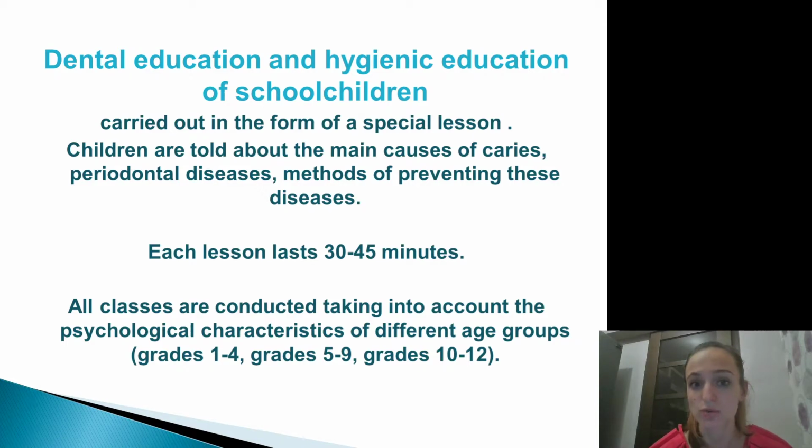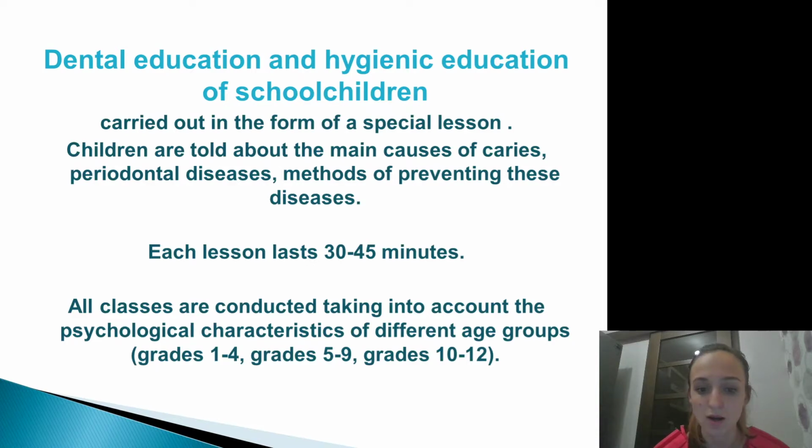Hygienic education of school children is carried out in the form of a special lesson. Children are taught about the main causes of caries, periodontal diseases, gum diseases, and methods of preventing these diseases. Each lesson lasts, for example, from 30 to 45 minutes.